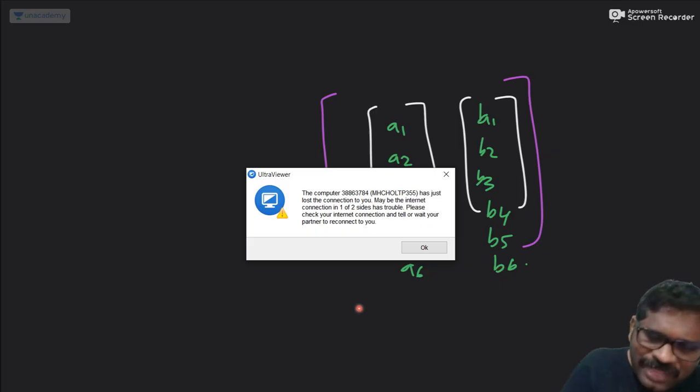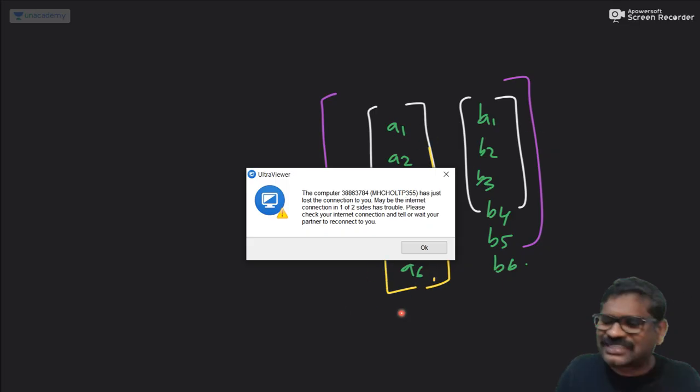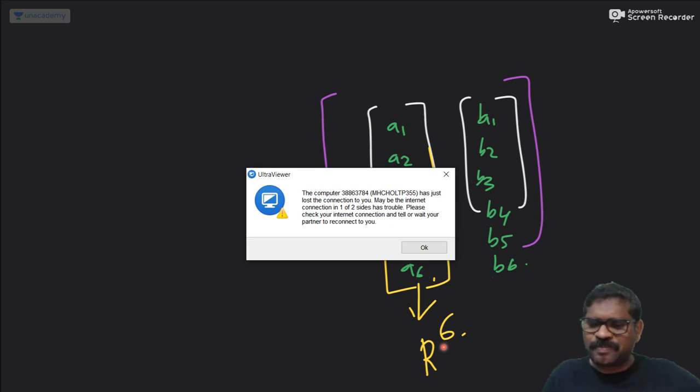In this space, the vector has dimension 6, that means it is a six-dimensional vector space.